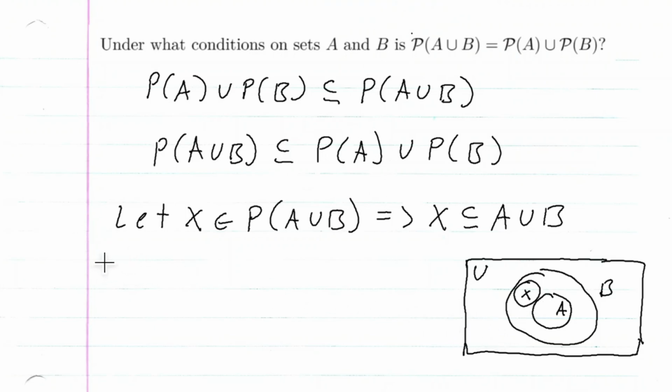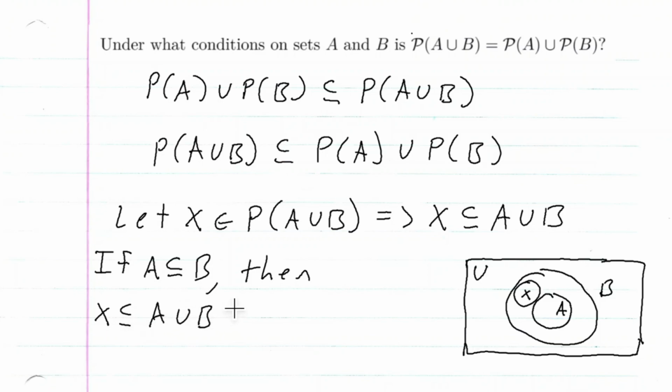So one of the conditions is, if A is a subset of B, then X is a subset of A union B implies that X is a subset of B, because A union B is equal to B, right?